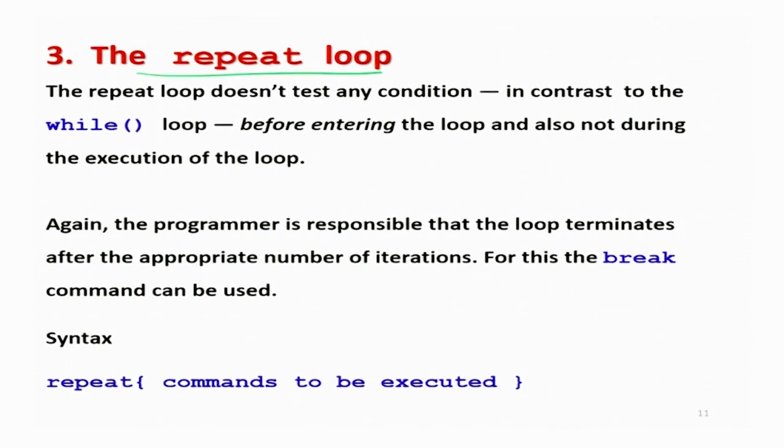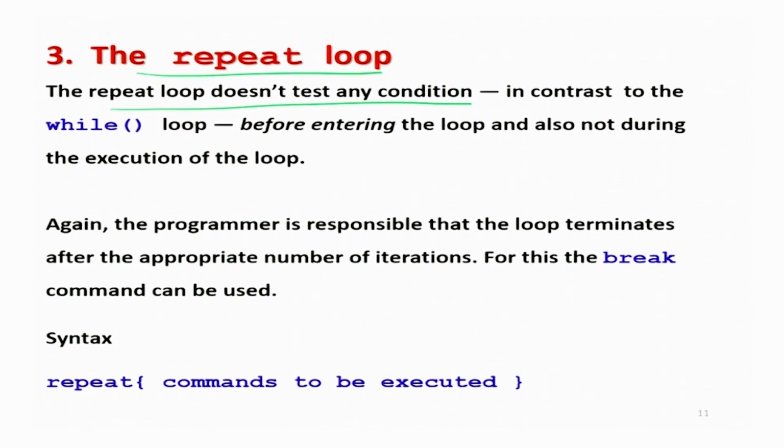Now, in the case of for and while, you have seen that they are dependent on a condition, that how many times the commands have to be repeated is known or unknown. Now, this repeat loop is independent of these conditions, and the repeat loop does not test any condition, for example, as in the while loop.